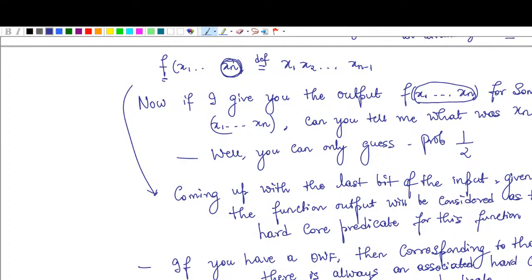Okay, so basically you can imagine a hardcore predicate as some kind of information about the input which should be difficult to compute based on the function output. If I just give you the function output and challenge you, okay, can you compute this piece of information regarding my input? And if it is difficult to compute, then that's called a hardcore predicate. Okay.